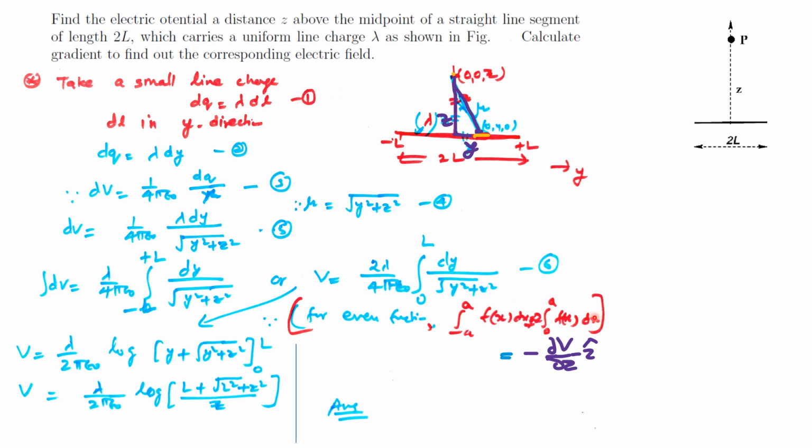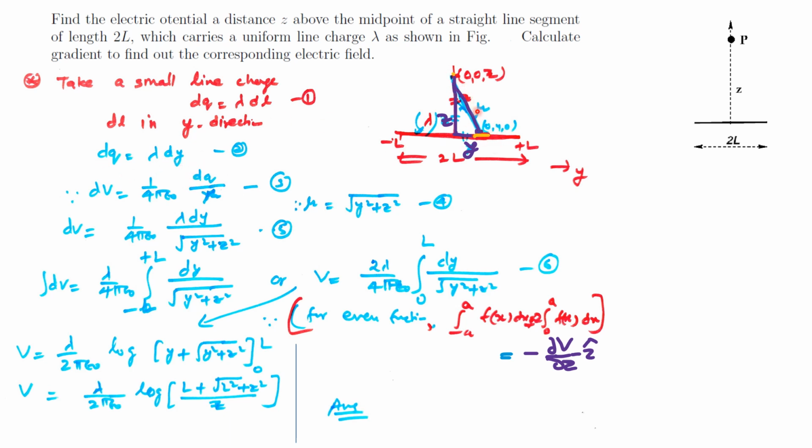So we take a small line element on this wire in the y direction, at a distance y from the center, a small element dy. At point P we have to find the potential due to this small line charge. So dq will be lambda into dl, and dl in the y direction is dy, so dq equals lambda dy.